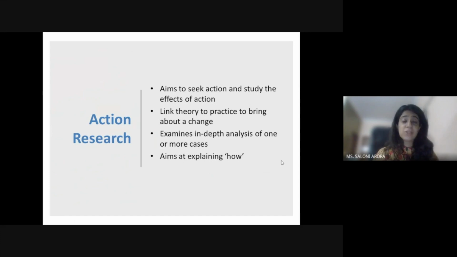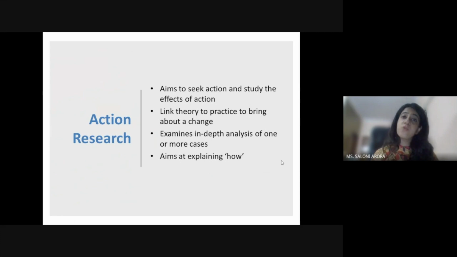That's the action. We understand the behavior of the people. How are they reacting to the training program? So that's the action taking step. And based on all the reactions that we've received from our personnel, we actually take the action in the right direction. So this basically answers the how question of human behavior.